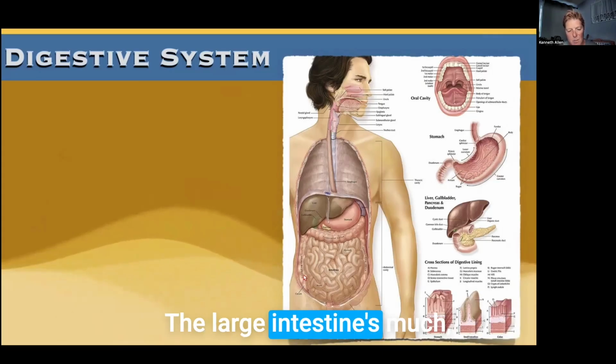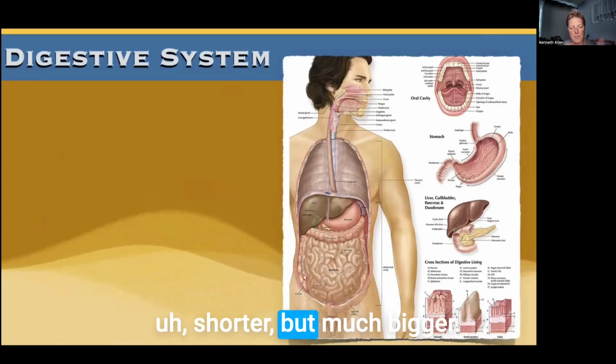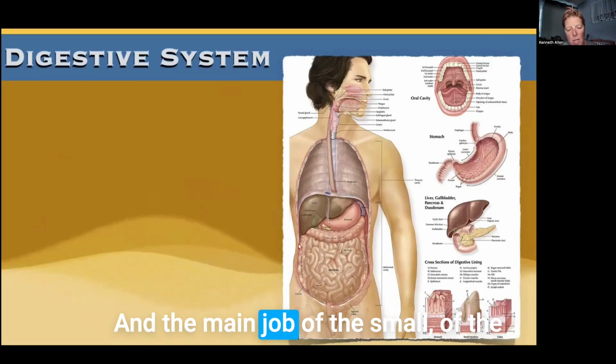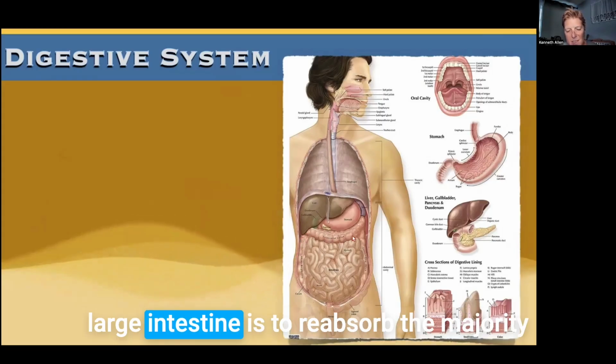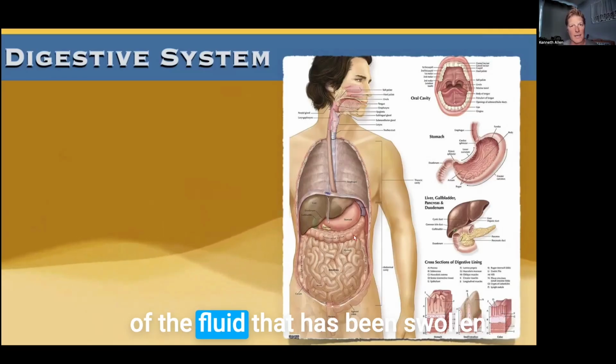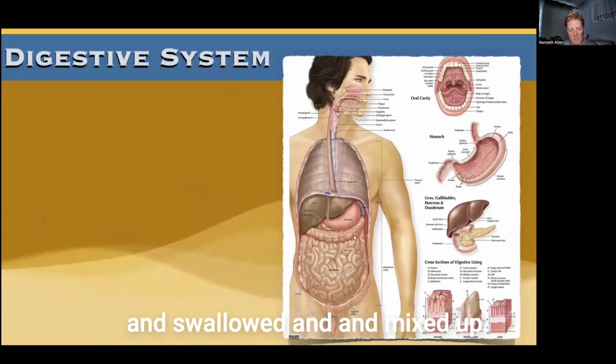The large intestine is much shorter, but much bigger. And the main job of the large intestine is to reabsorb the majority of the fluid that has been swallowed and mixed up.